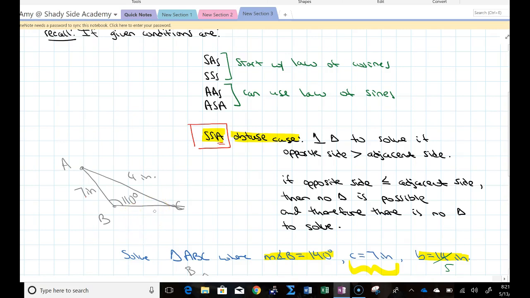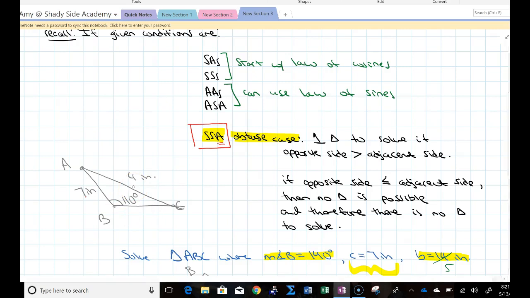Some of you will recognize that if this angle is obtuse, 110 degrees, then the two other angles of the triangle have to be acute. And if you have a triangle where the largest angle is not opposite the largest side, you know that's an impossible triangle to solve. A triangle cannot exist in that fashion.